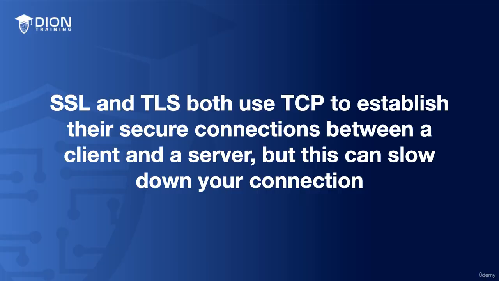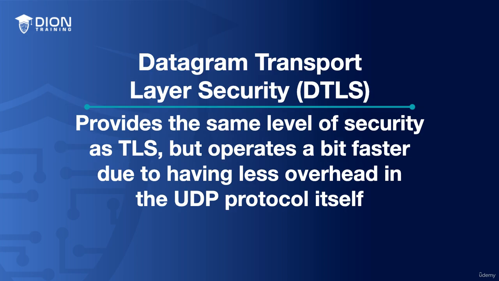SSL and TLS both use TCP to establish their secure connections between a client and a server. But this can slow down your connection since TCP has a lot more overhead than a UDP connection does. So instead, you can opt to use DTLS, or Datagram Transport Layer Security, which is essentially a UDP-based version of the TLS protocol.